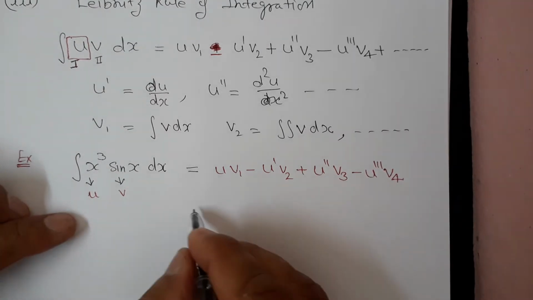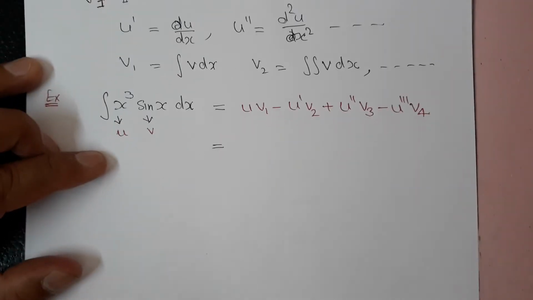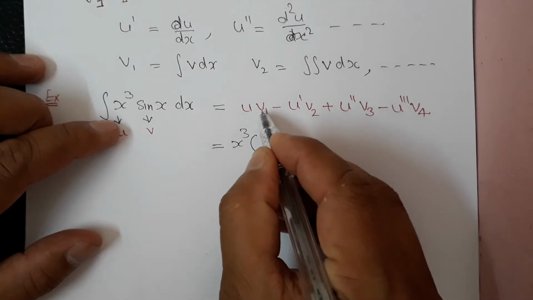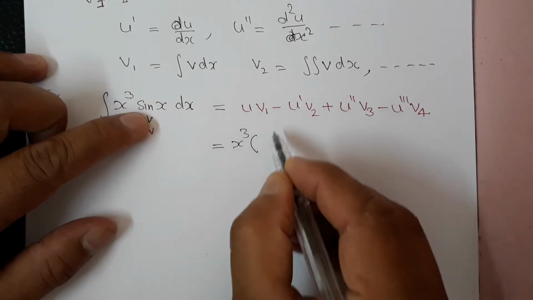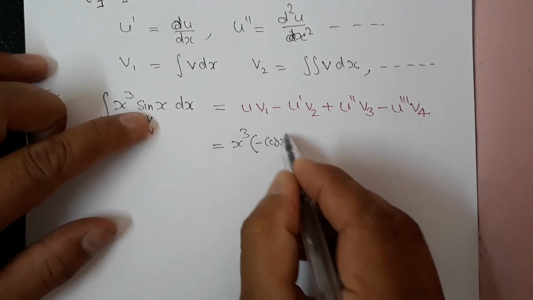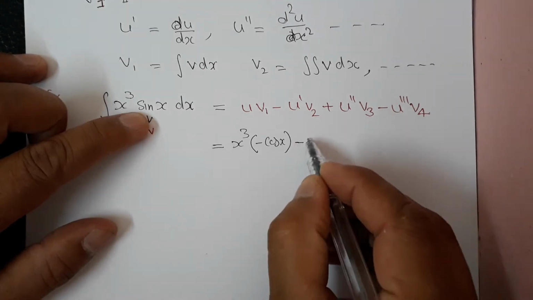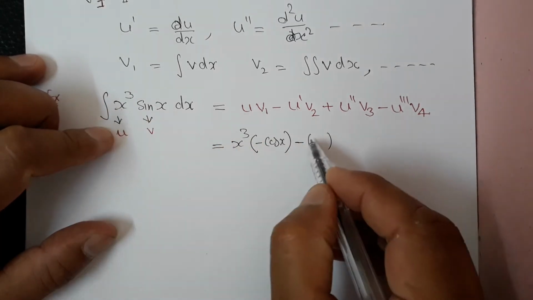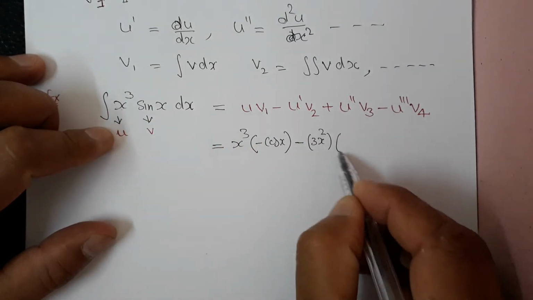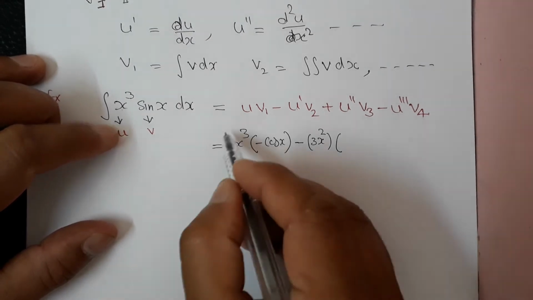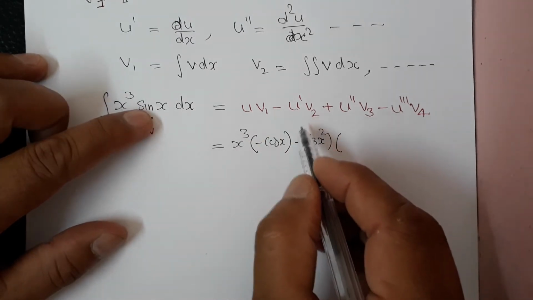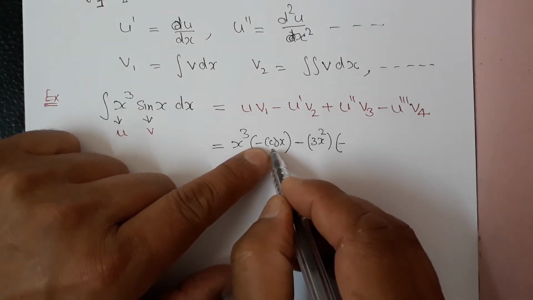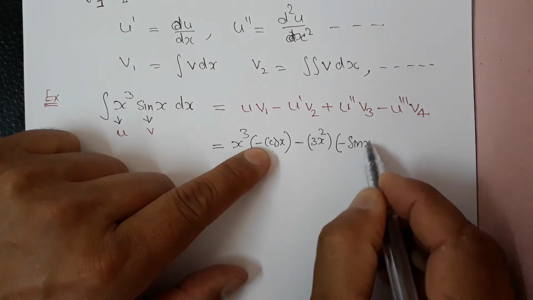That is, this will be equal to, now u is x cube, we use the proper bracket. v1 means integration of sine, so minus cos x, minus alternatively u dash, derivative of x cube, so 3x square. Then v2 means double integration of sine, the first integration gives minus cos x, and another integration of cos will be sine x.